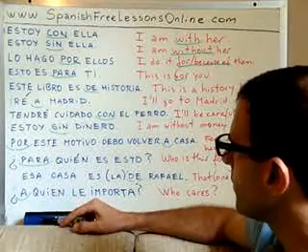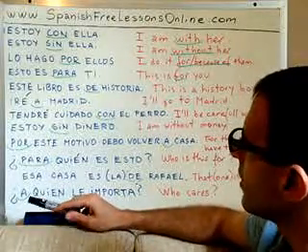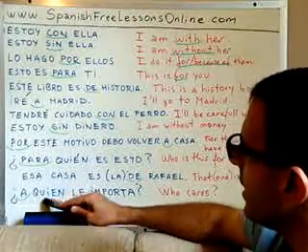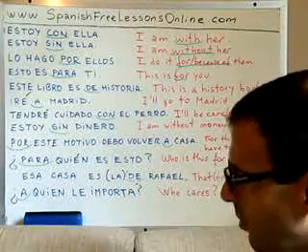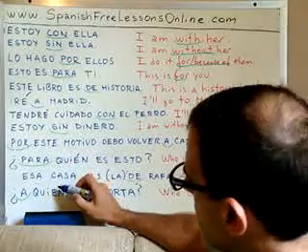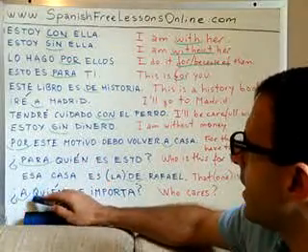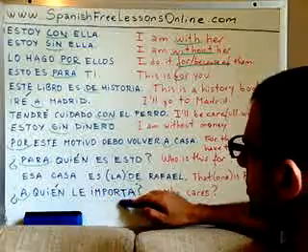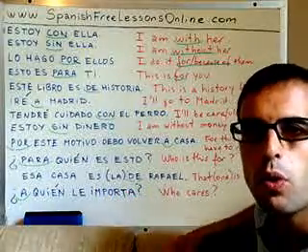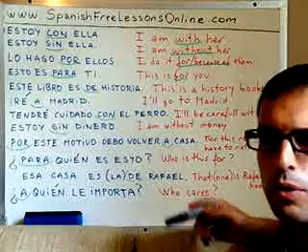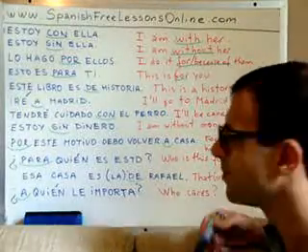Now our last sentence is another question. ¿A quién le importa? I missed the tilde again here. ¿A quién le importa? This means who cares, right? Who cares? ¿A quién le importa?